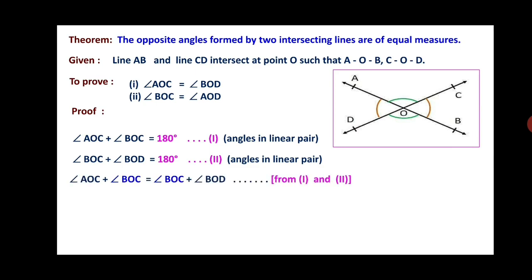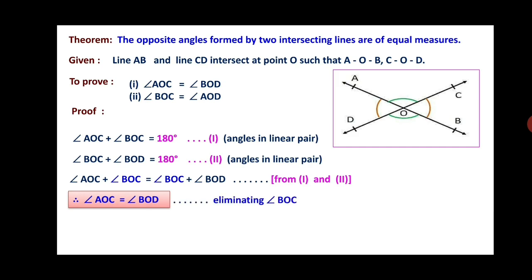From statements 1 and 2, the right hand side is the same, 180, so the left hand side must be equal. Therefore we can write angle AOC plus angle BOC is equal to angle BOC plus angle BOD. BOC is on both sides, so those get cancelled, and what is left is angle AOC congruent with angle BOD, or measurement of angle AOC is equal to measurement of angle BOD.